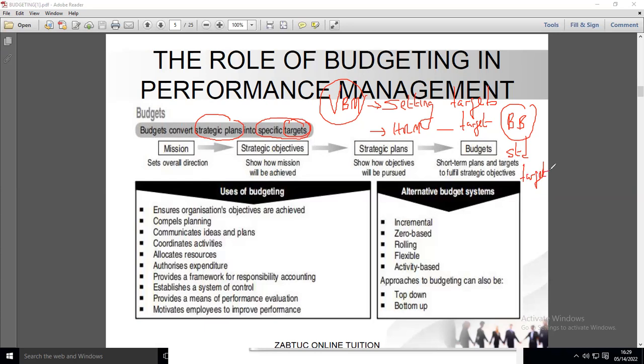So what we see is that performance management really hovers around the concept of a target. Because when you say, have you done well or not? We're talking about good performance, or failure to perform.